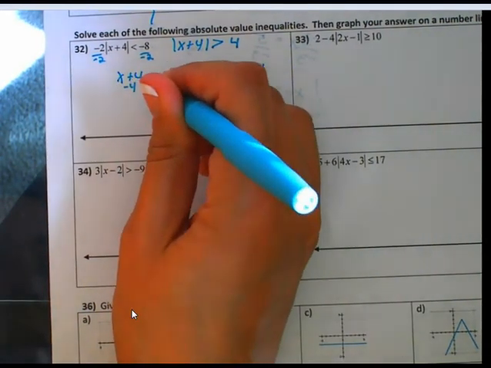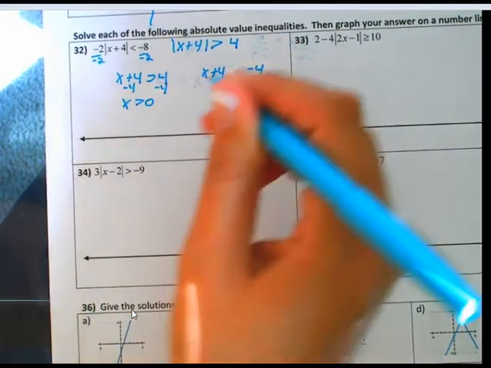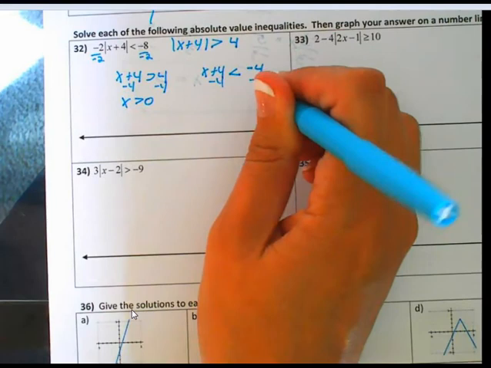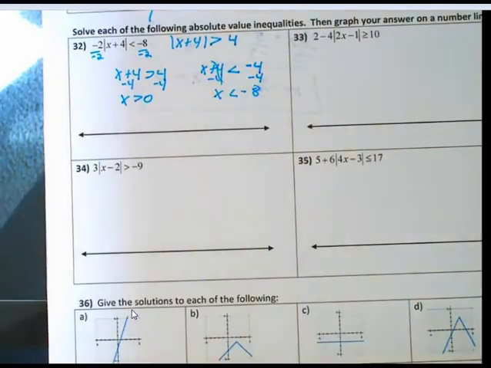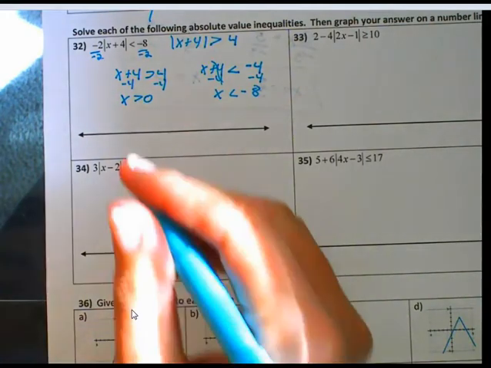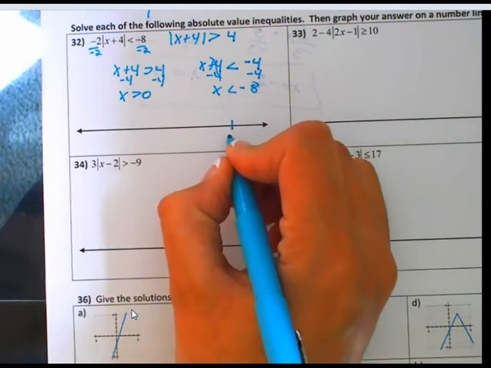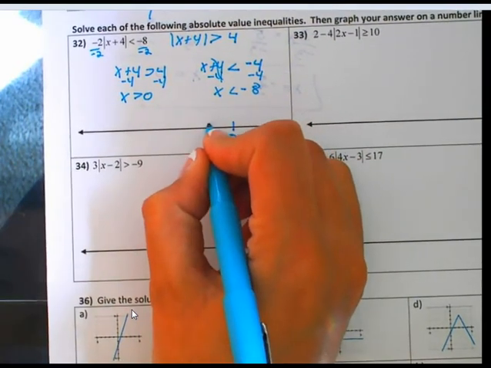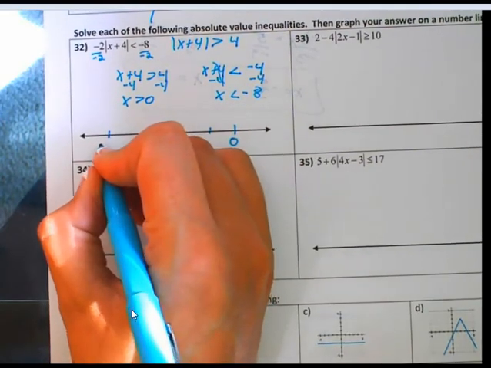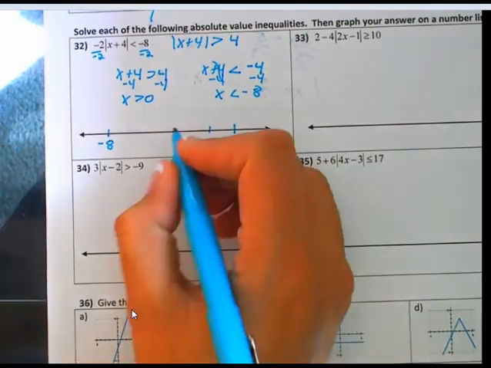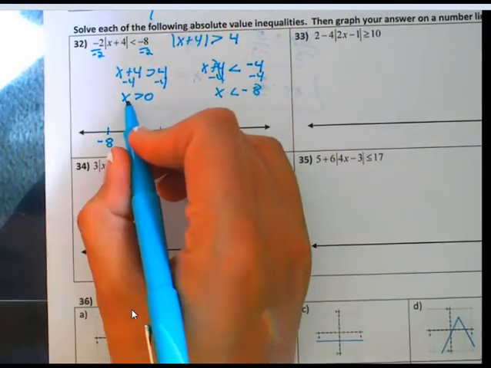Minus 4, so I have x is greater than 0, minus 4, x is less than negative 8. Okay, and then we need to graph that on our number line. So because I have 0 and negative 8, I'm going to put my 0 over here. So 1, 2, 3, 4, 5, 6, 7. Put negative 8 down here. All right, so then I have x is greater than 0.